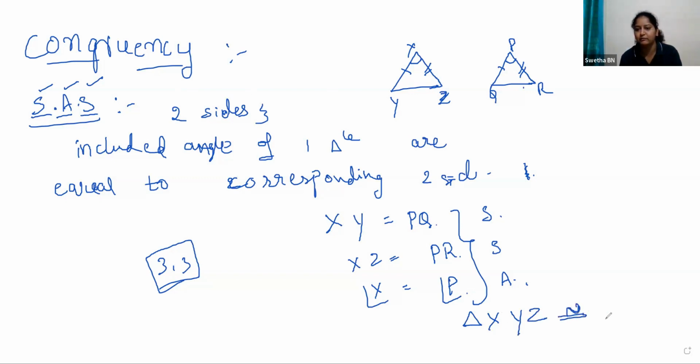So this is the symbol of congruent. For similar, we use only this. Okay. So if you know this concept, you will understand triangle chapter very easily, children. So both are congruent. This is what? SAS.